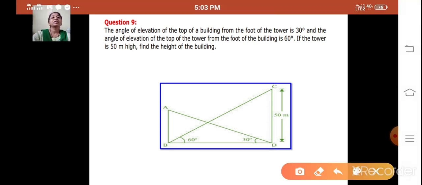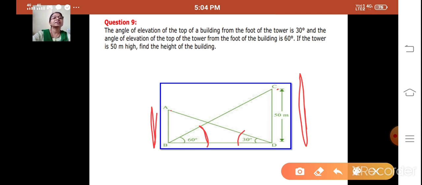So we have AB as a building, CD is a tower, tower's length is given 50 meter. Now the angle of elevation of the top of the building from the foot of the tower is 30 degree, and the angle of elevation of the top of the tower from the foot of the building is 60 degree, right? So we have to find the height of the building. Height of the tower, 50 meter, is given to you.